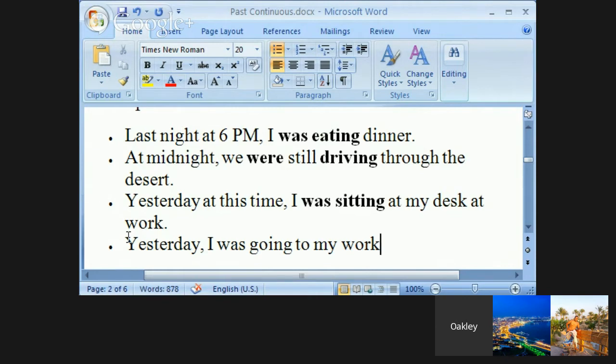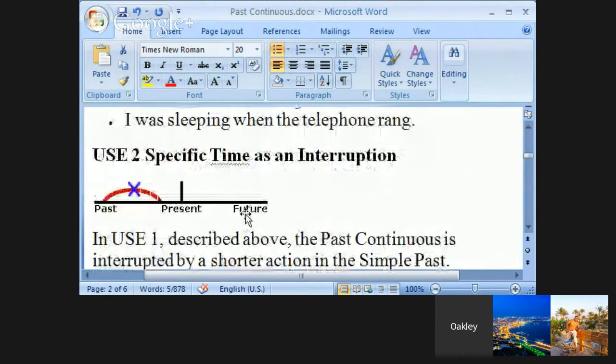Not quite, and here's why. Let me explain. Yesterday is a big chunk of time. Notice in the sentence before the example, yesterday at this time. It has to be a specific time because it has to be a bam, one-time quick interruption.